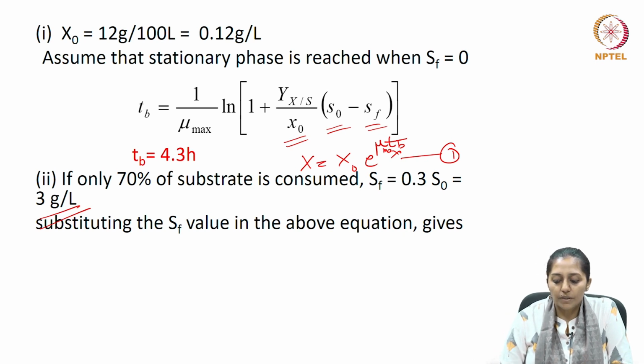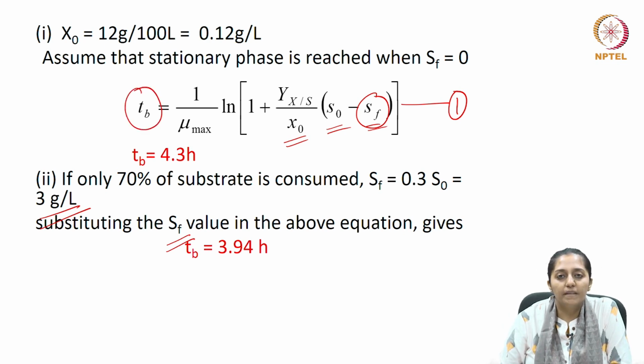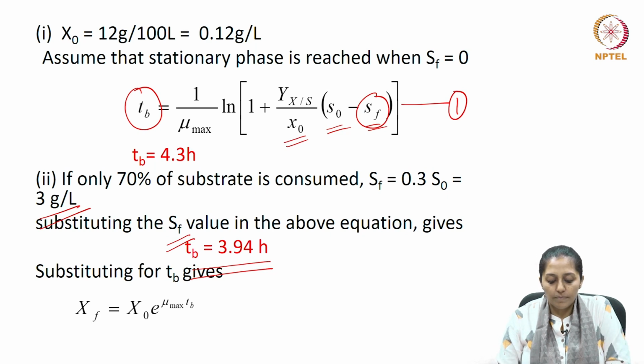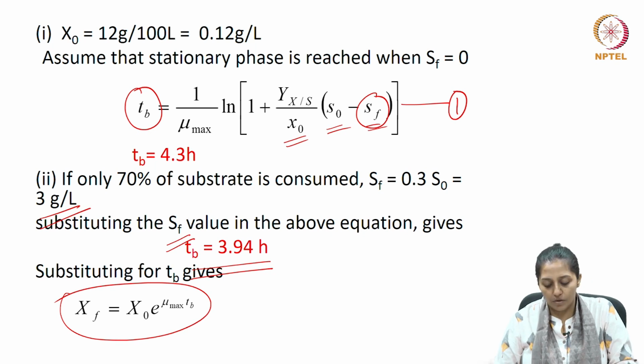If you substitute this Sf value in the previous equation, you can calculate the time required for 70% conversion of the substrate. Once you know that batch time for 70% conversion, you can substitute in this equation and find the final biomass concentration obtained, which is this value.